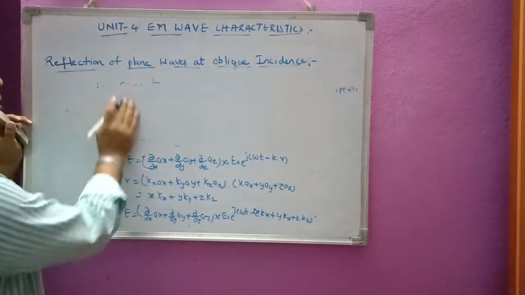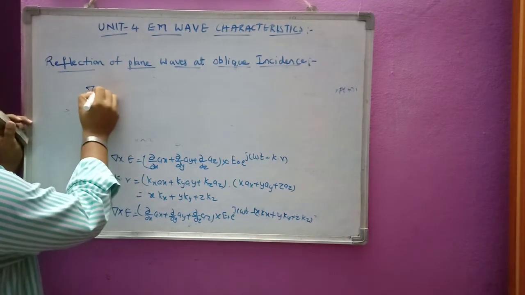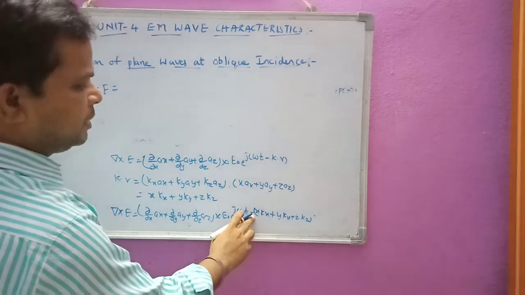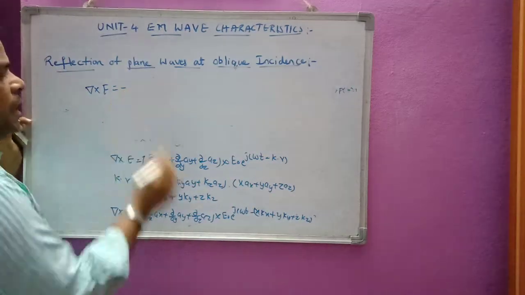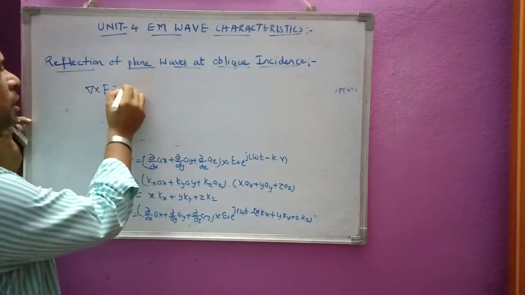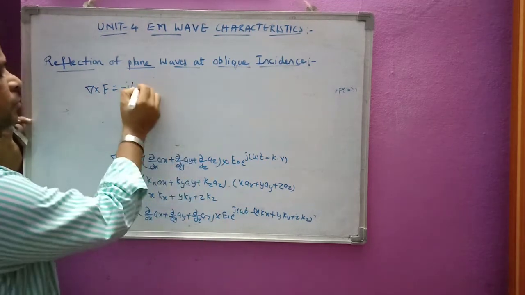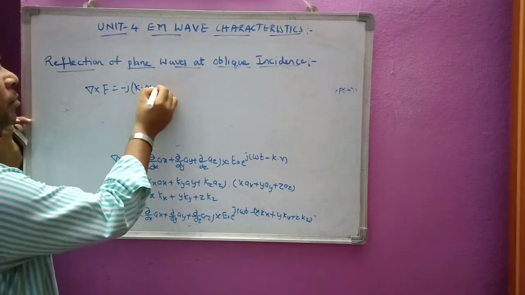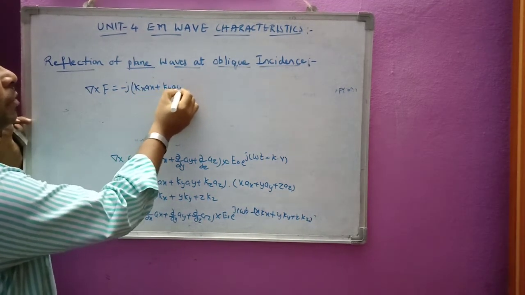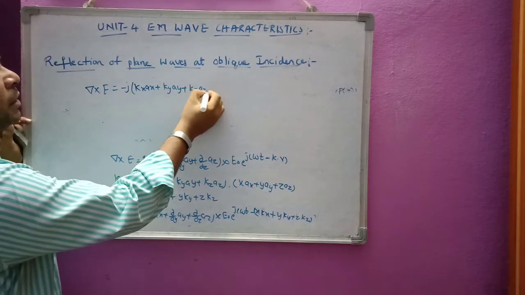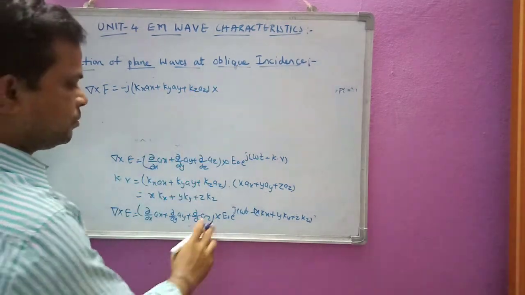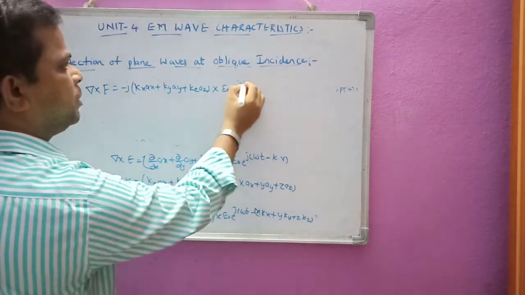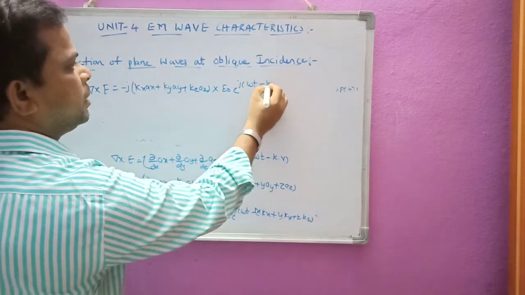Okay, I can write this as del cross E. I will get a minus, because I am having e power minus here, and I also have the factor j common. I can take it as minus j into (kx ax plus ky ay plus kz az) cross E naught into the same factor again, e power j(omega t minus k dot r).